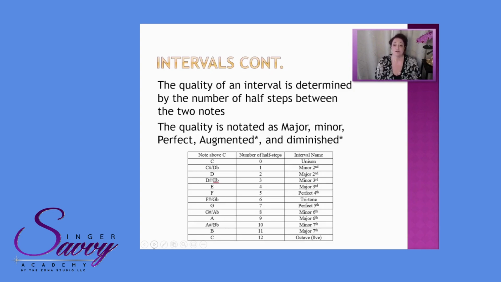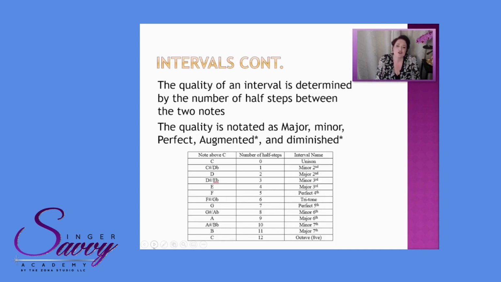Okay? If you go from C to E flat or C to D sharp, there are 3 half steps. So that is a minor third. Okay? If you go from C to E, that's 4 half steps. That is a major third. Okay?